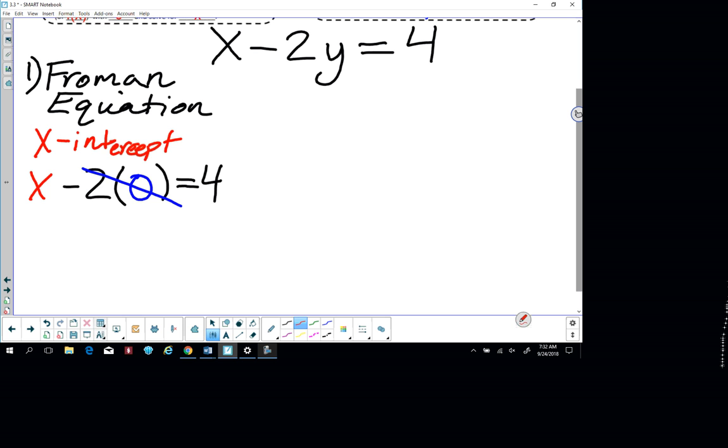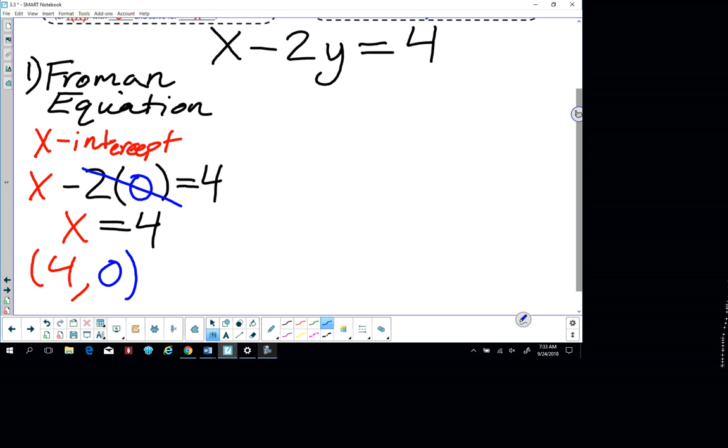So this time I see that x equals 4. So if we were going to put that as a coordinate, our x value is 4, and our y value that we plugged in was 0. So that's our x-intercept right there.